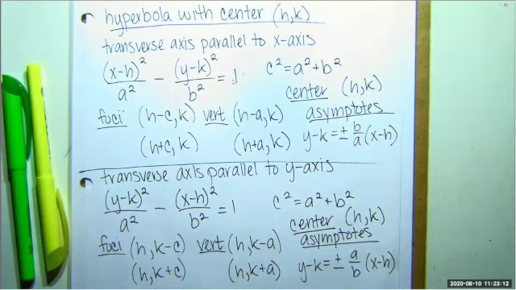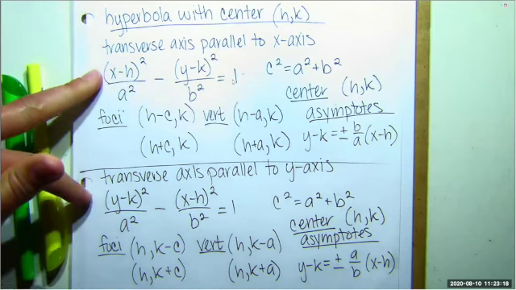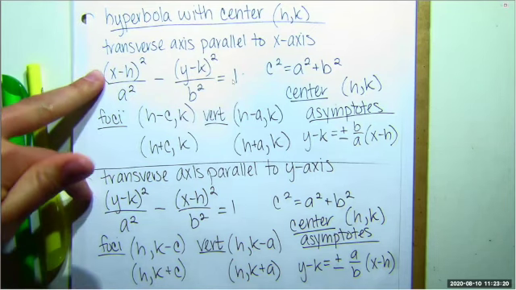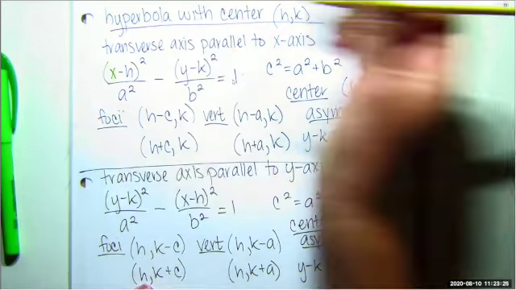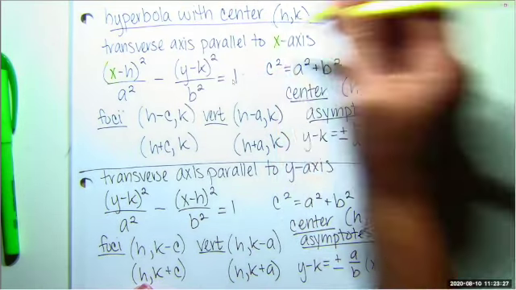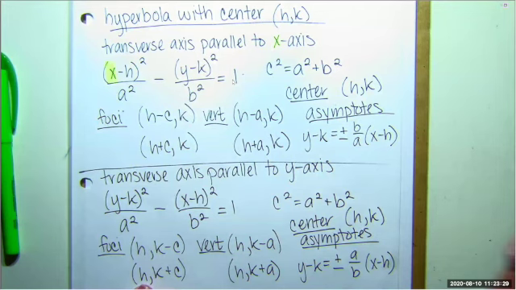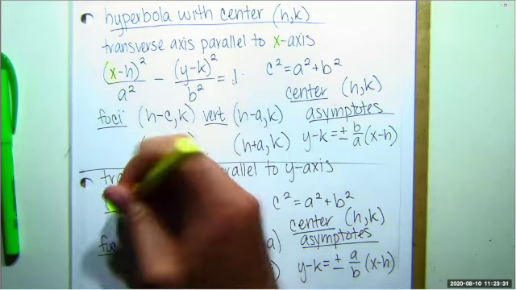So for the hyperbola, what determines where our transverse axis is is what variable occurs first. So here where the x occurs first, that determines that our transverse axis is parallel to the x-axis. Here our y occurs first.